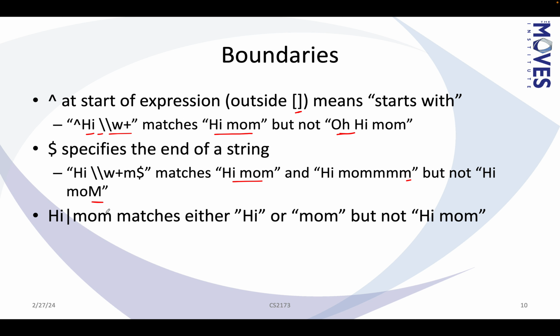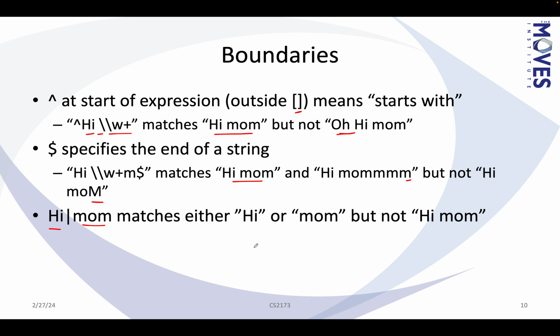What if there were a space? It still wouldn't match because it would only match HI or MOM. So even if there were no space, it still wouldn't match that.